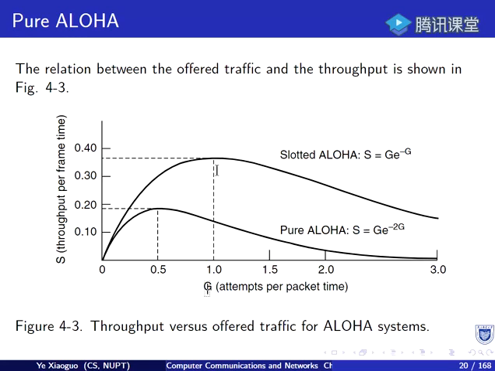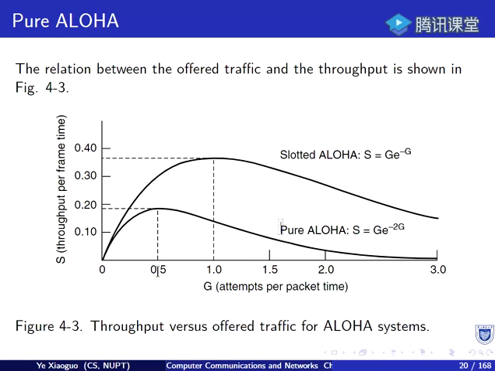So we can find that when G is 0.5, the pure aloha reaches the maximum throughput, right? Let's look at the pure aloha.